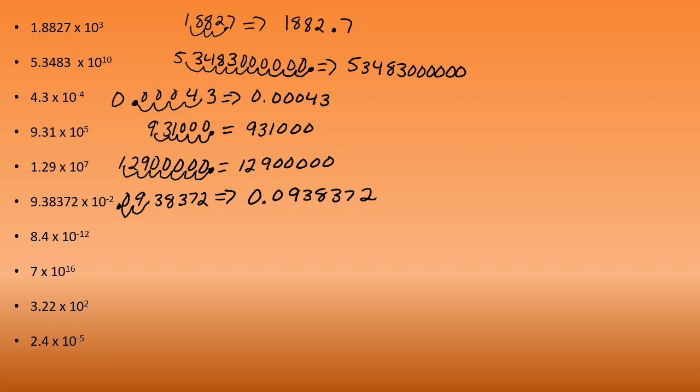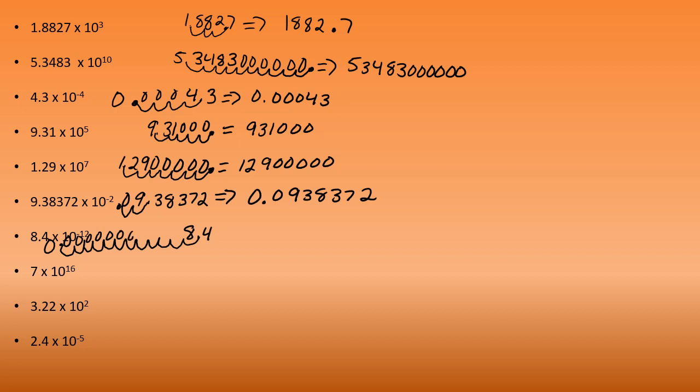The next one is 8.4 times 10 to the negative 12. So I'm going to give myself a little bit of room over here. 8.4. This is a negative exponent, so we're moving our decimal left. We've got to move it 12 spaces. 1, 2, 3, 4, 5, 6, 7, 8, 9, 10, 11, 12. That got tight. We'll put a 0 in front, and zeros all the way down.